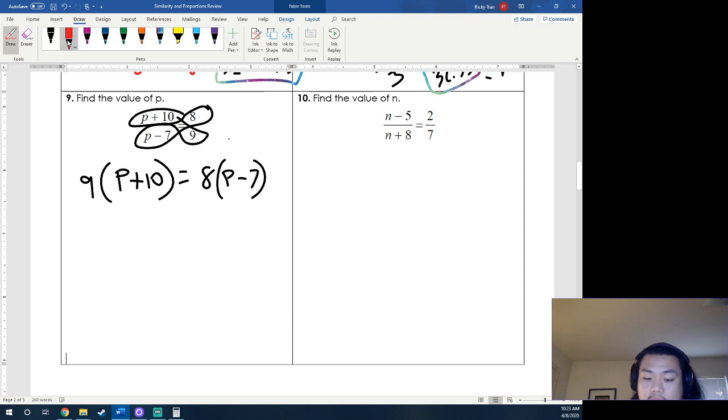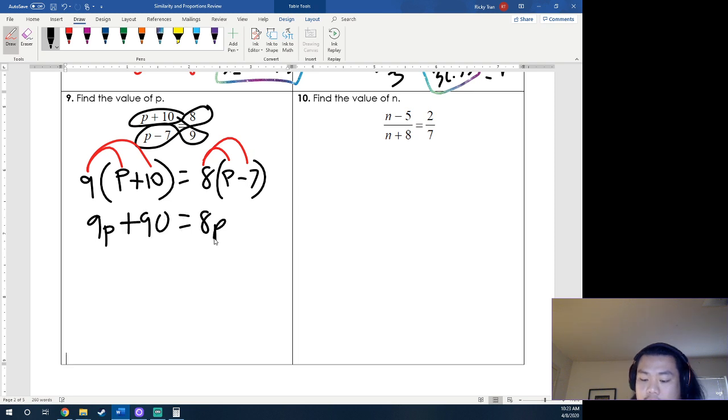Again, we are distributing. So 9 times p is 9p, plus 9 times 10, which is 90, is equal to 8 times p, which is 8p, and then 8 times negative 7, which is negative 56.